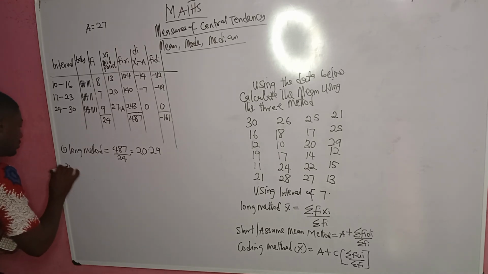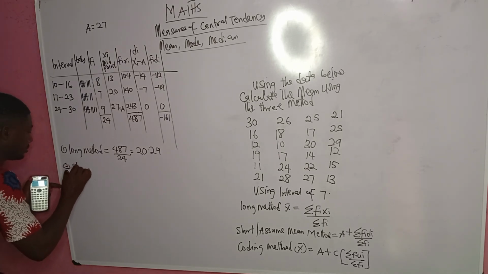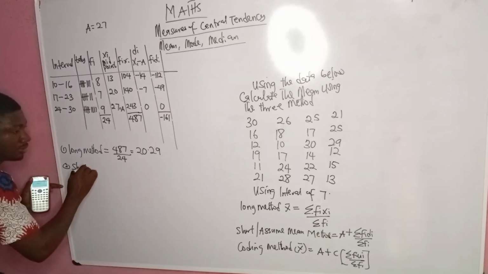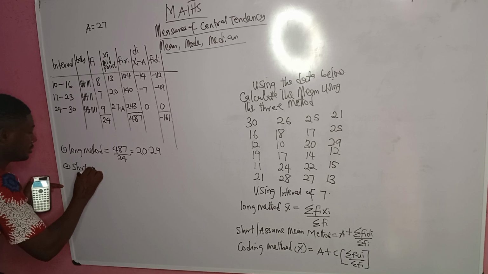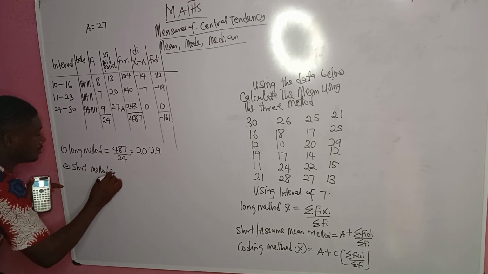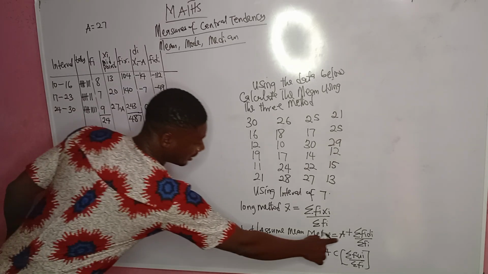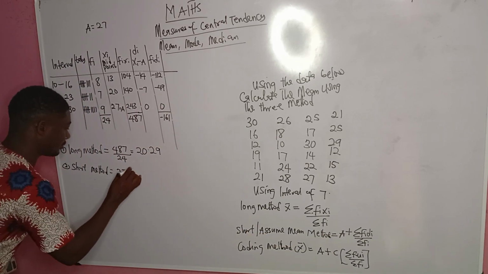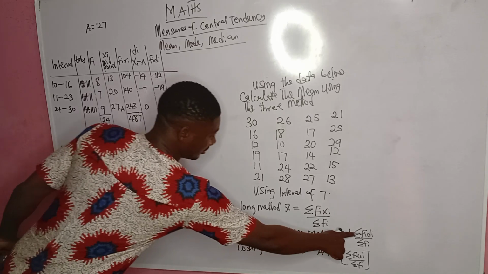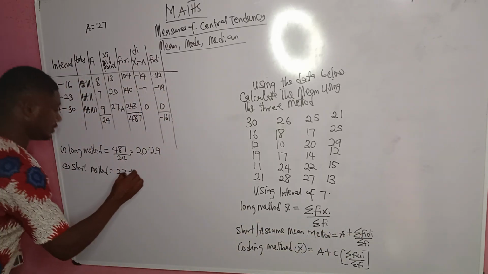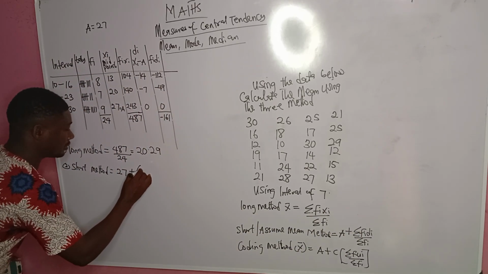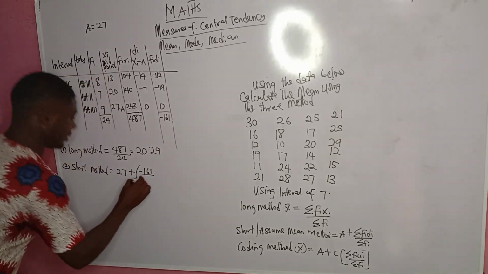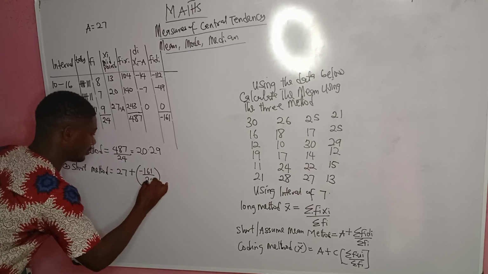So number 2 is the short method, or you call it the assumed mean method. Remember, the first thing in the formula is A, which is the assumed mean, and our A is 27, plus summation FiDi, which is minus 161, over summation Fi, which is 24.